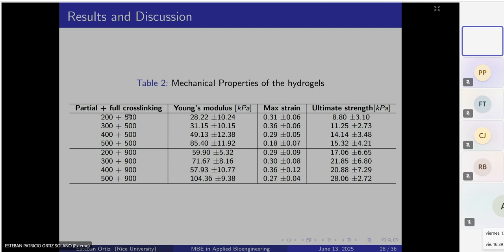As you can see, when you increase the number of flashes, you can increase the Young's modulus considerably, and as well the ultimate tensile strength. But something important to keep in mind is that the flexibility is not going to change so much. It's more or less the same.